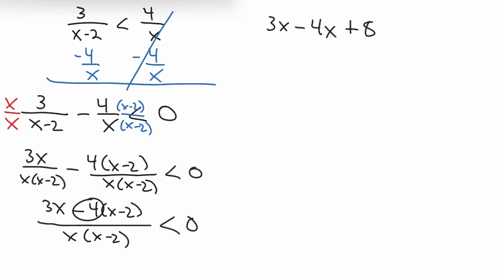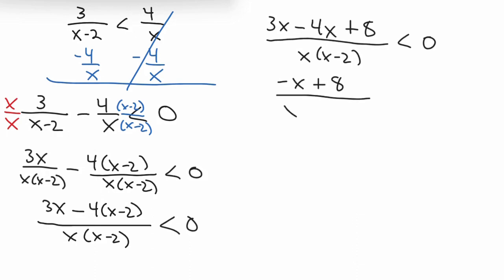Negative 4 times negative 2 is positive 8. That's all over x times x minus 2 less than 0. And 3x minus 4x, that is negative x plus 8 all over x times x minus 2 less than 0. We're going to do sign graphs for these.